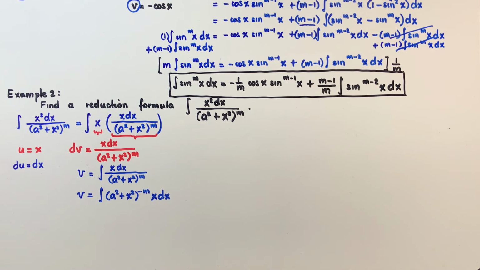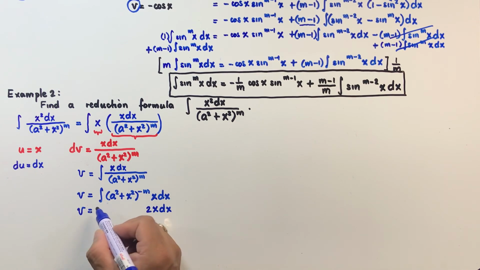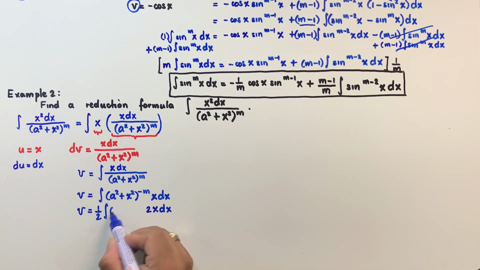And we know by the chain rule that the differential of this is not x dx, but it should be 2x dx, because the derivative of a squared is 0 since this is a constant, and the derivative of x squared is 2x, but we don't have a 2 here. That's why we need to neutralize by writing 1/2 in front of our integral symbol.